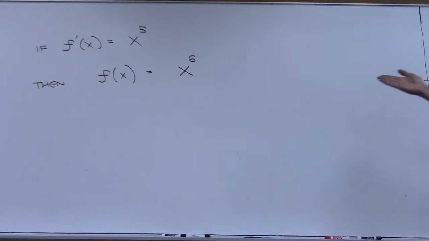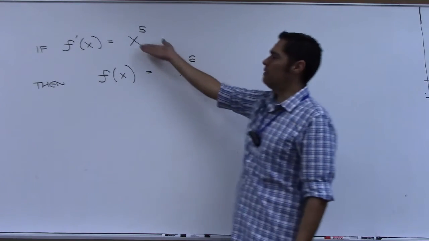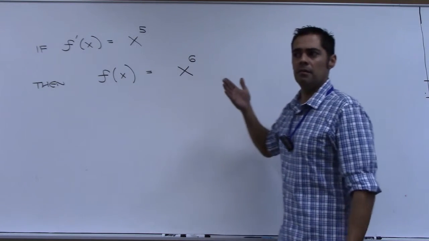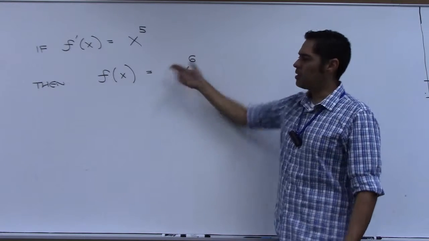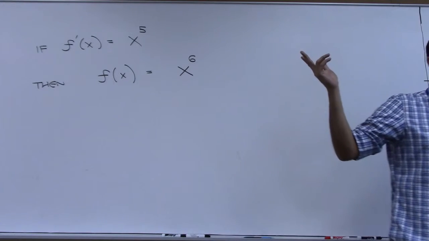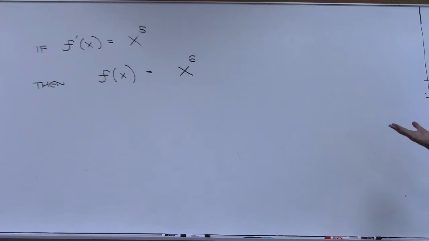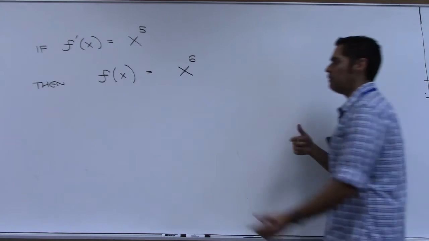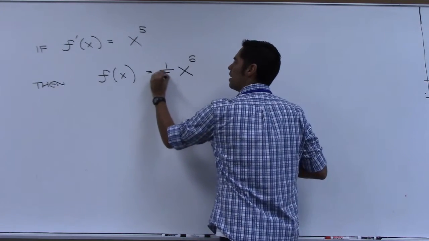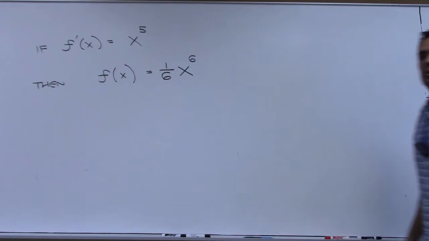But if I take the derivative of x to the 6th, do I get x to the 5th? No, why not? The 6 would come out, and I don't have a 6, right? So how could I offset the 6? Put a fraction in front of it, 1/6. Right?